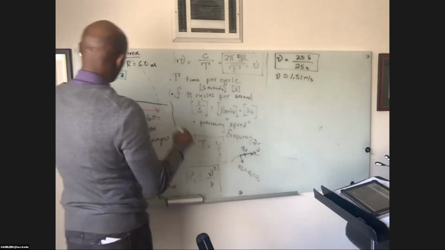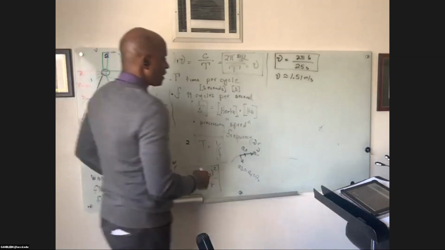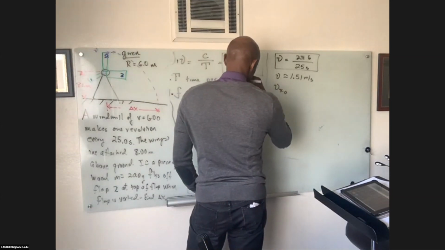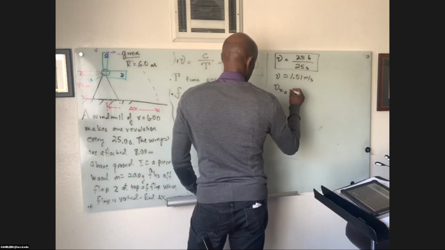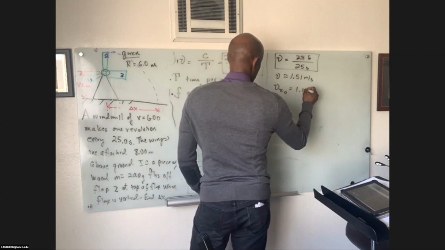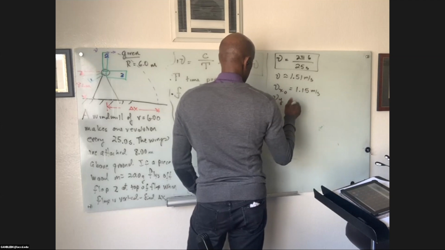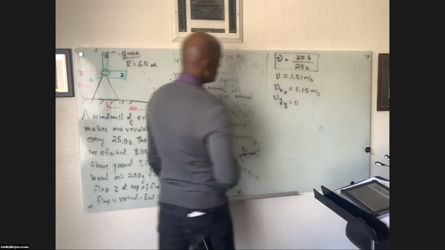For my projectile motion problem, that becomes the initial velocity in the x direction. The initial velocity in the y direction is 0.